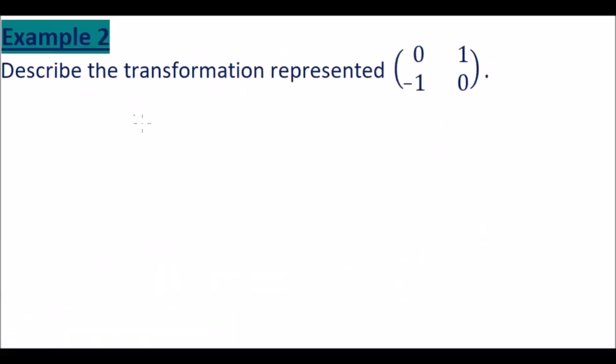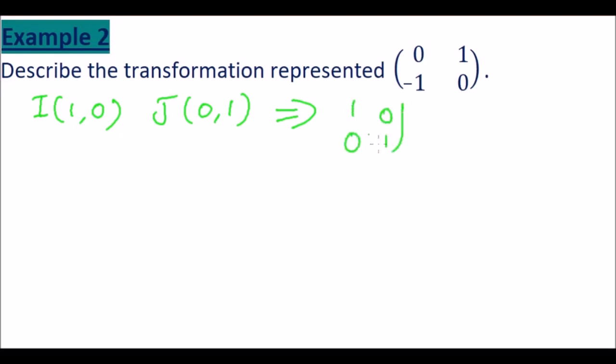In our example 2, describe the transformation represented by (0, 1; -1, 0). Now, we have learned that the coordinates of I are (1, 0) and the coordinates of J are (0, 1). They form an identity matrix, which is (1, 0; 0, 1). So we are going to use a unit square to help us identify the transformation represented by this matrix.